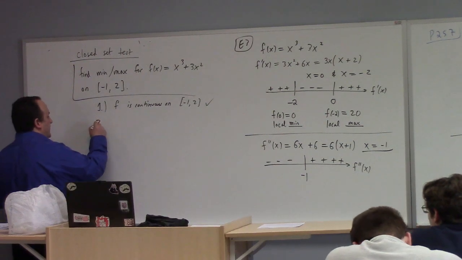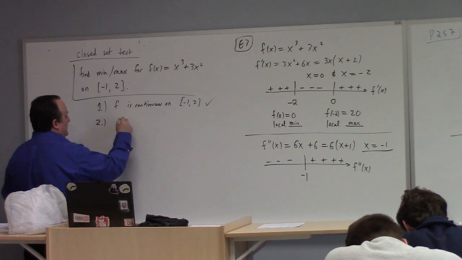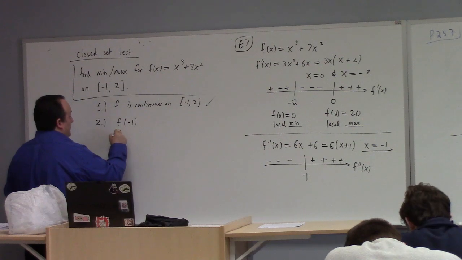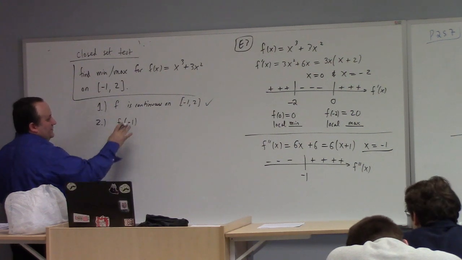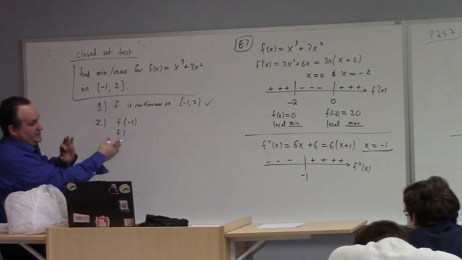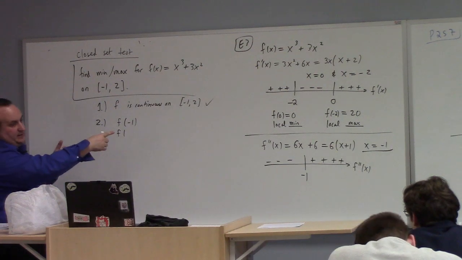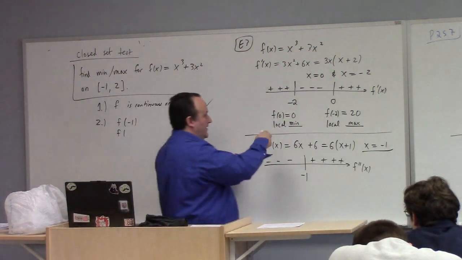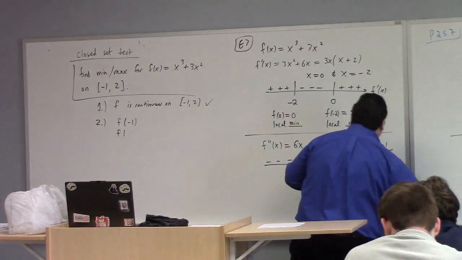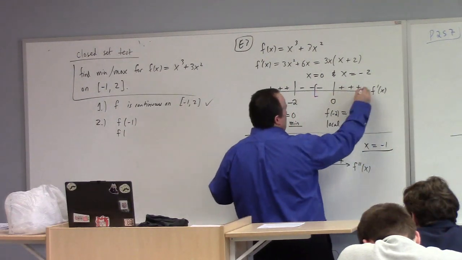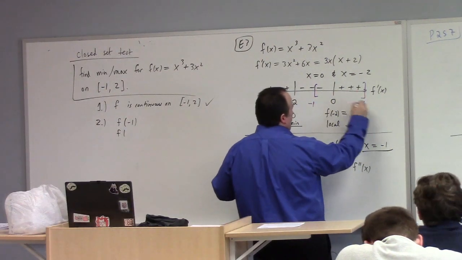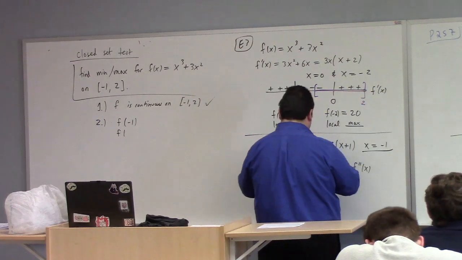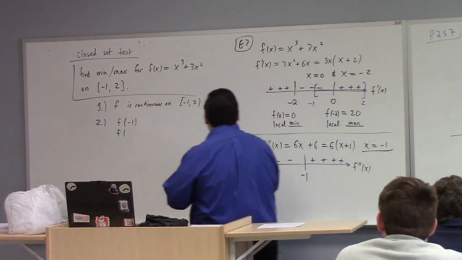So step number 2 is we need to calculate f of minus 1. Is there any critical point between minus 1 and 2 for this function? We just looked at it over here. Yeah, 0. So we need to check 0.